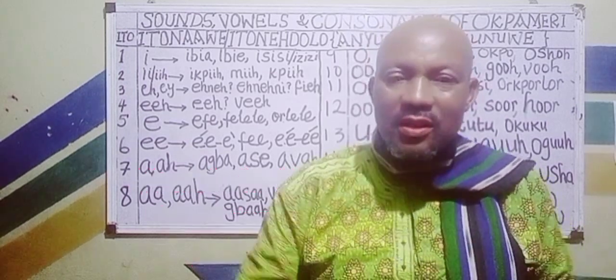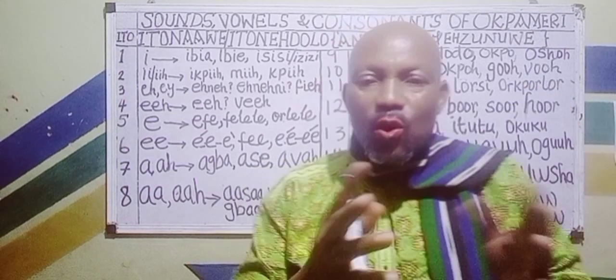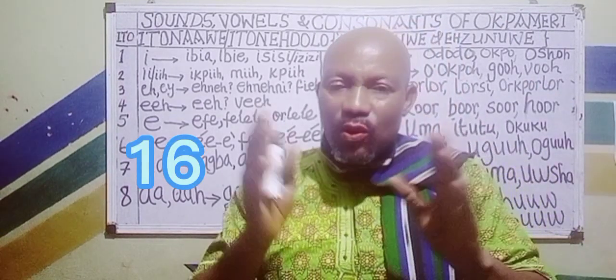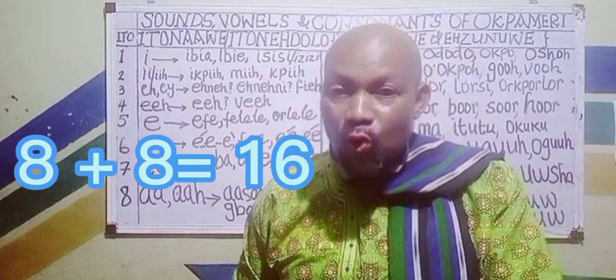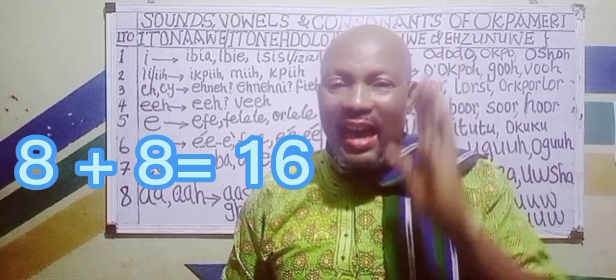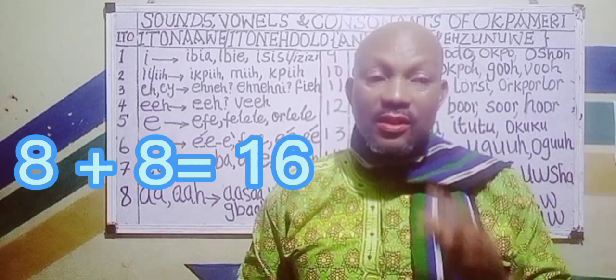Anyunue of Okpameri, the vowels of the Okpameri language. We have altogether 16 of them, 16 vowels, 8 cardinal short Anyunue and 8 long Anyunue, that is vowels.